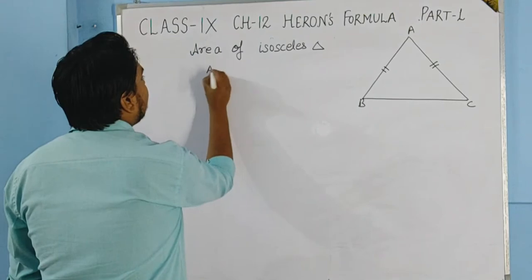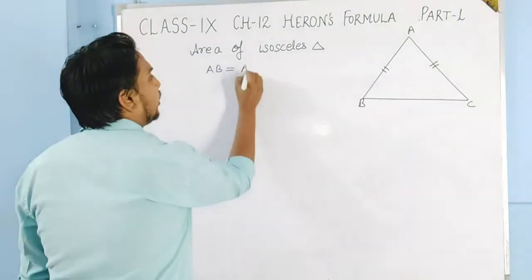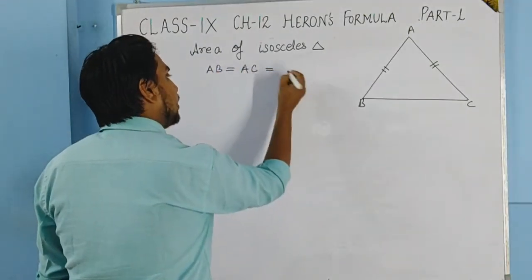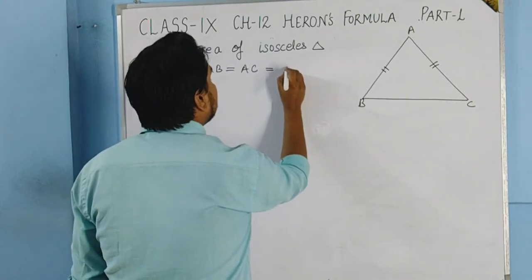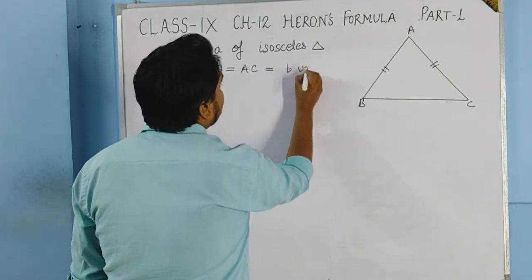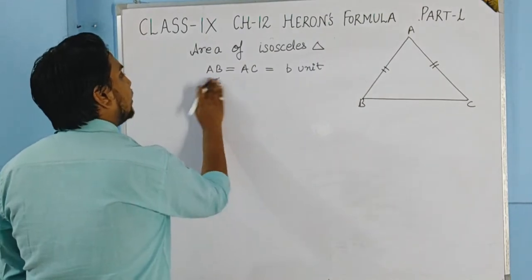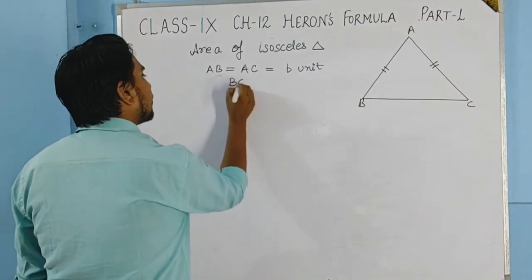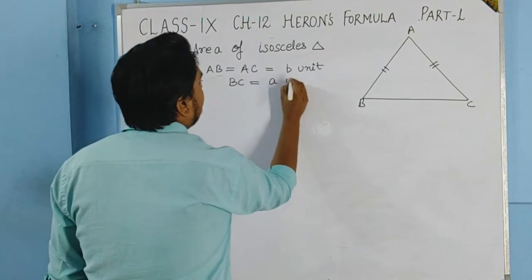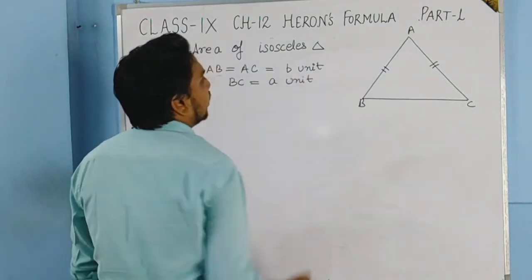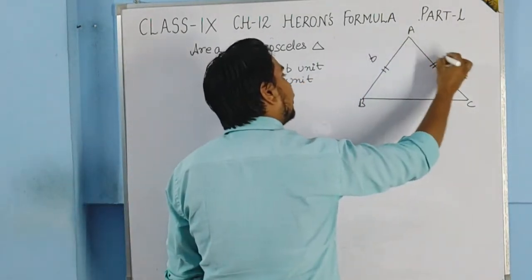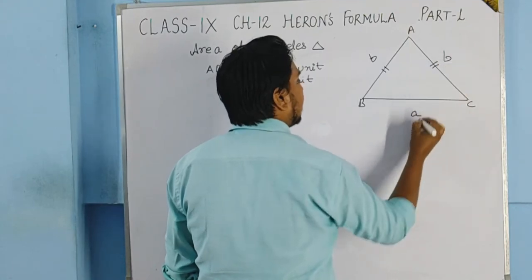So here AB is equal to AC. Let us say that it is equal to B unit. And the third side, that is BC, let us say that it is equal to A unit. So these are B and this is A.